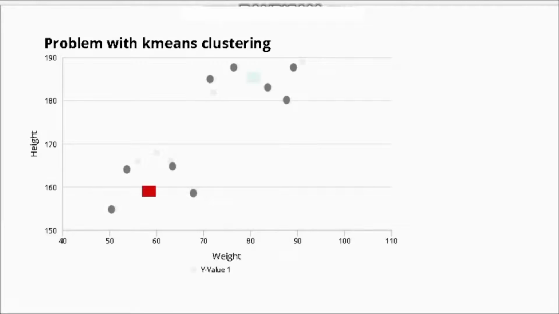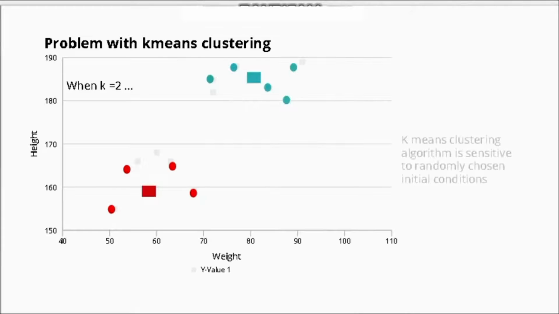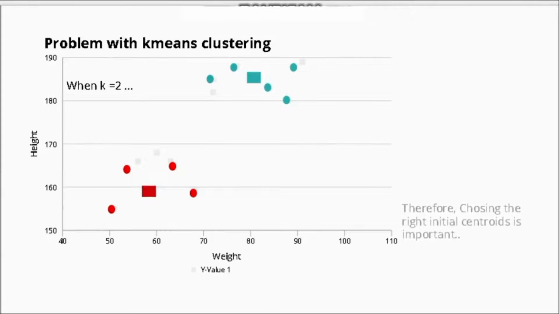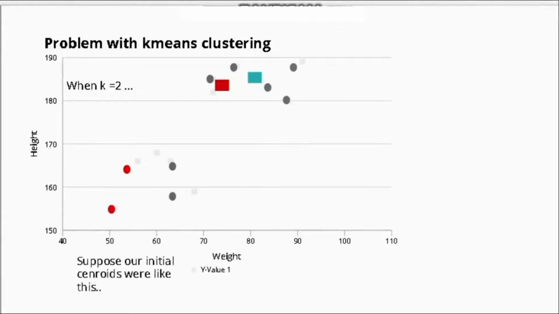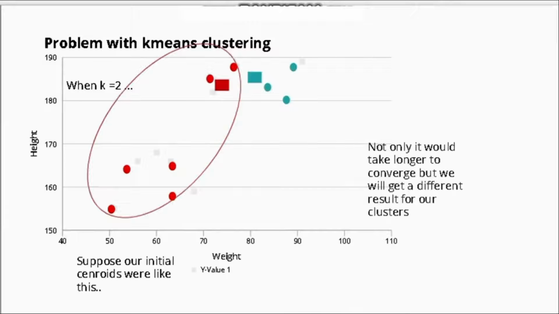Now let's discuss the potential problem of using k-means clustering. The k-means clustering algorithm is sensitive to randomly chosen initial conditions. Therefore, choosing the right initial centroids becomes important. Suppose our initial centroids looked something like this. Not only would it take longer to converge, but we would get a different result for our clusters.